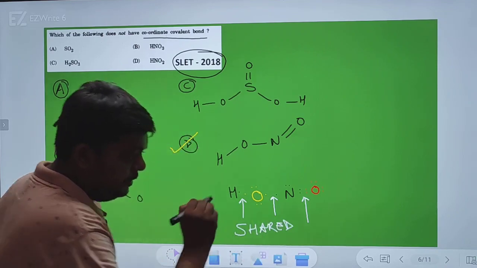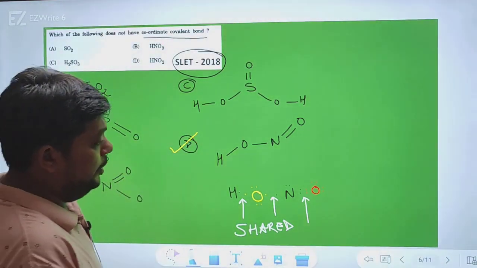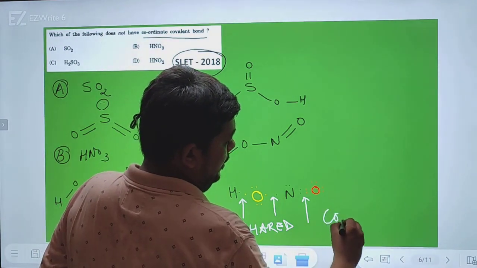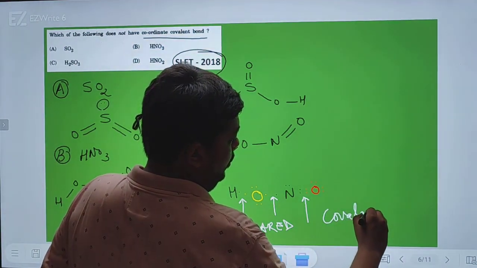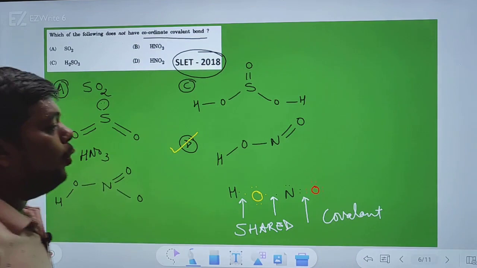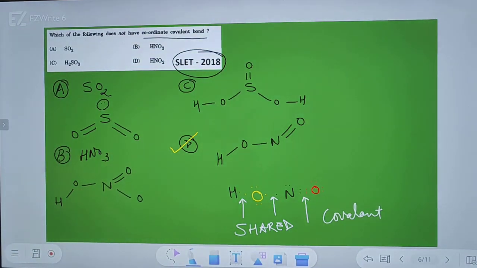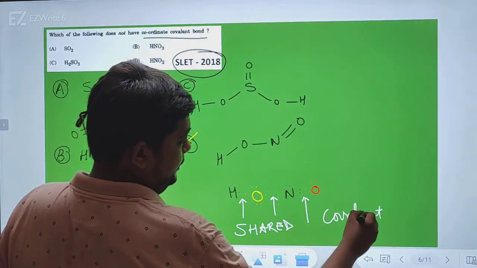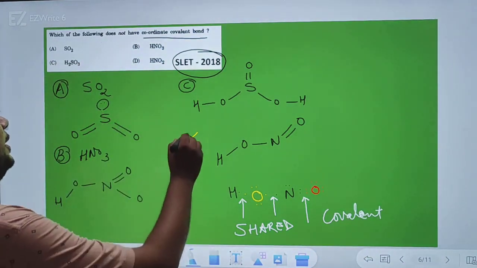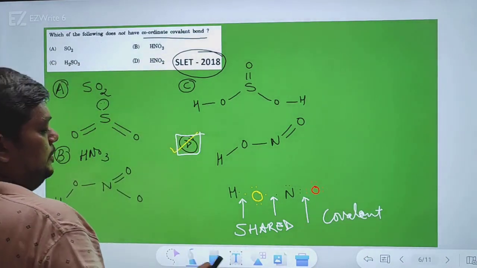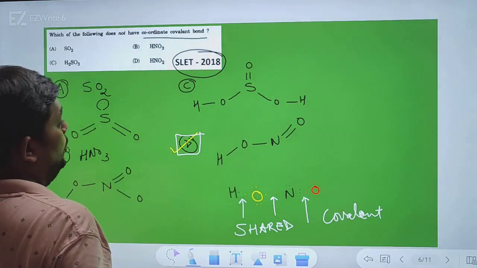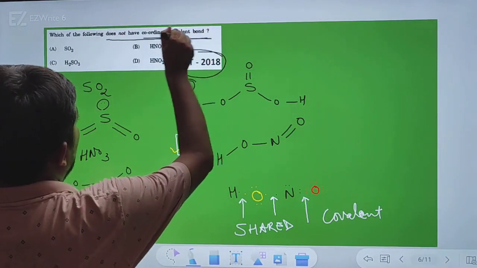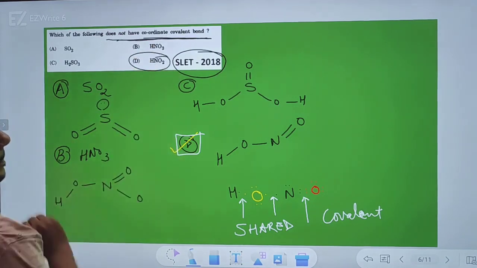and when they are getting shared, it is no more a coordinate covalent bond, it is a covalent bond. So I have an answer ready with me, that option D is the only option where you will find no coordinate covalent bond.